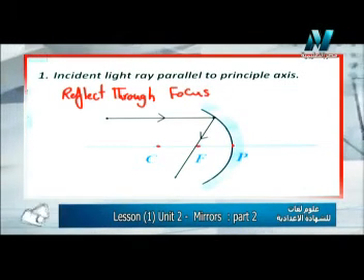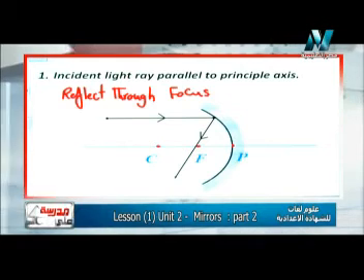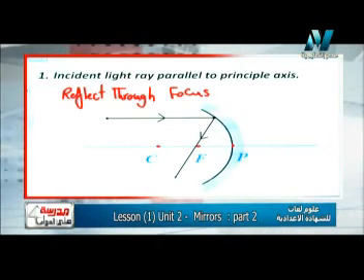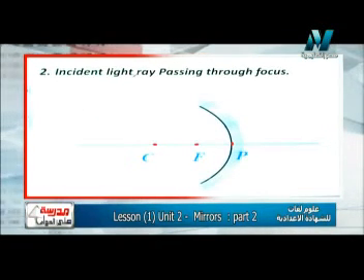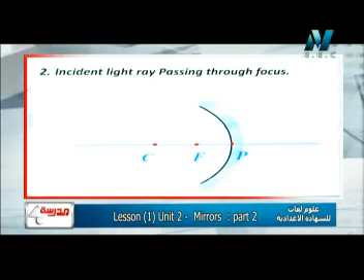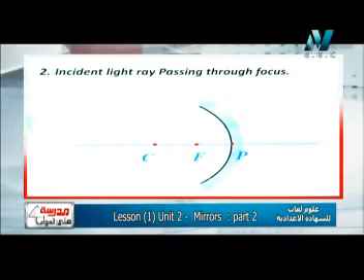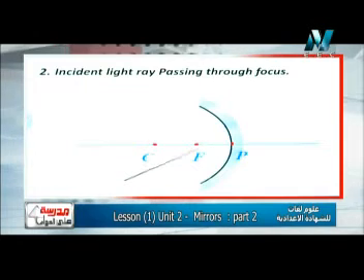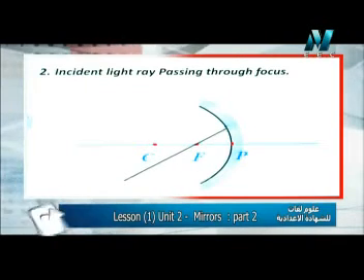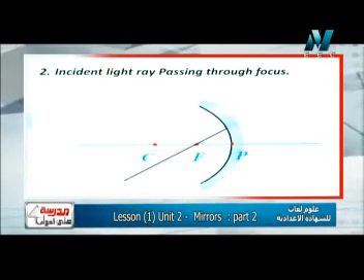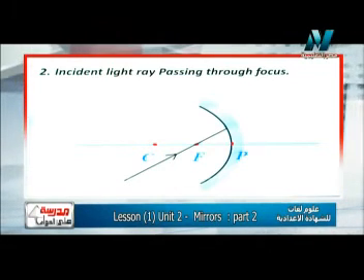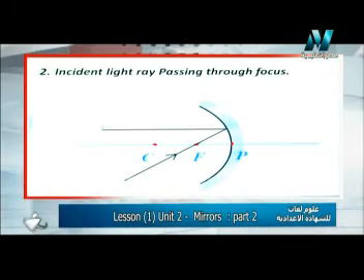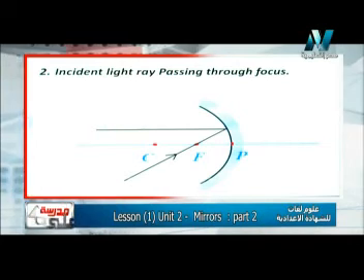And we have another rule here to explain the behavior of light through concave mirrors. An incident light ray passing through the focus, like that, in this direction, will reflect parallel to the principal axis.